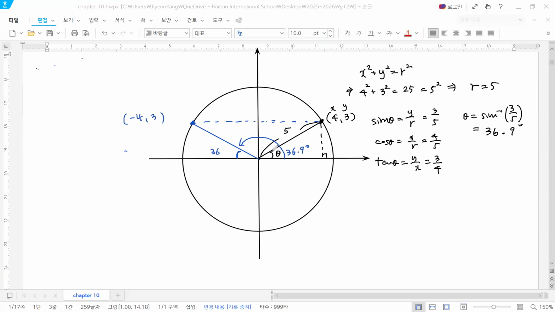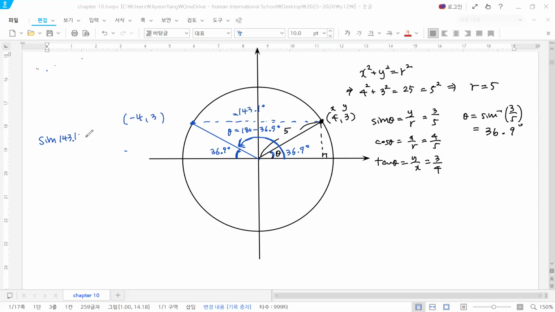As you can see, this angle is the same as 36.9 degrees. So you can find the value of angle theta here equals 180 minus 36.9 degrees, which is 143.1 degrees.